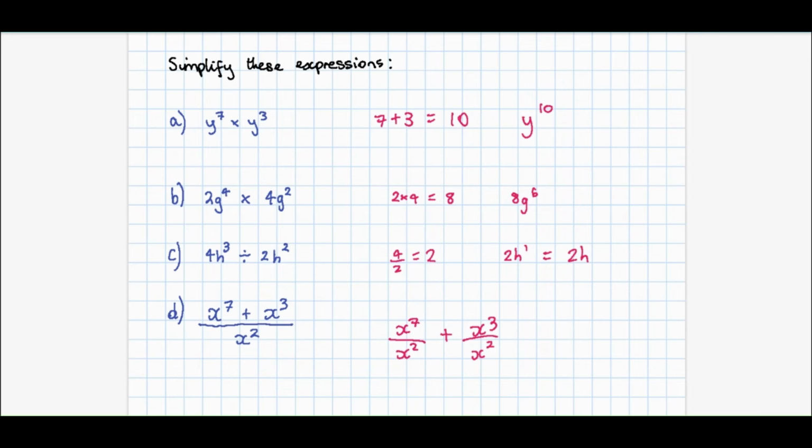So x to the power of 7 divided by x to the power of 2 is going to be x to the power of 5, and plus x to the power of 3 over x to the power of 2 is going to be x to the power of 1, which is just x. So it's going to be x to the power of 5 plus x, and that's your answer.